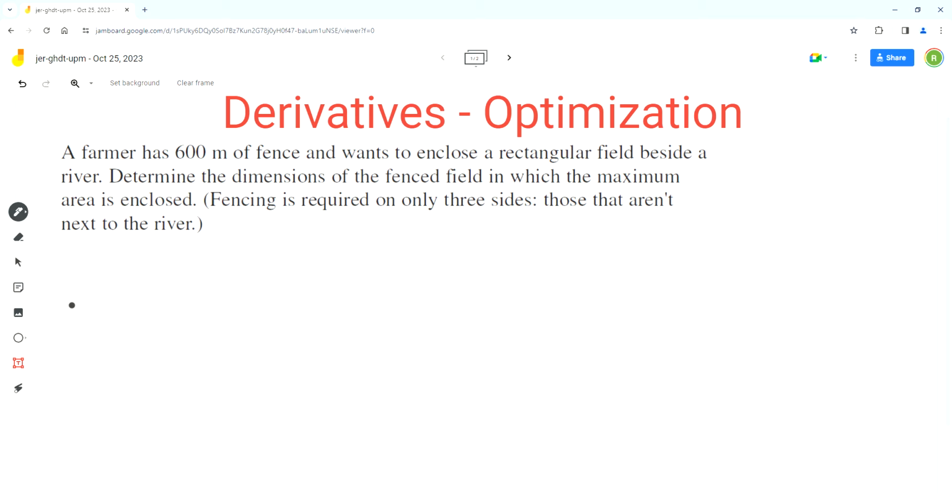So the diagram of the rectangle will look something like this. So these three sides represent the fence that is used to make this rectangle. So let's assume the length of this rectangle is L and the width is W.